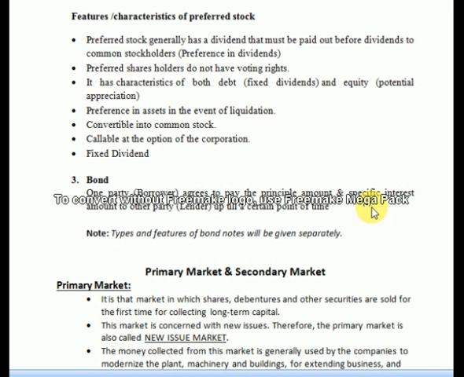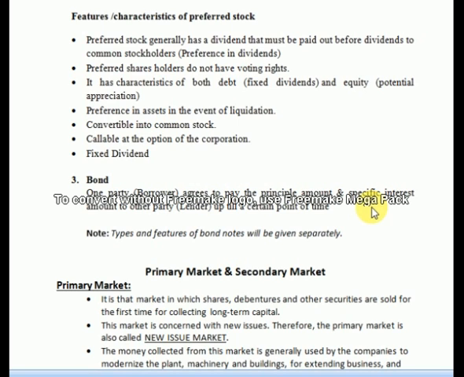It doesn't mean that in 1 year you will receive 5,000, in the next year 3,000, in the next year 8,000, and then 10,000, then 5,000. No, a fixed 5,000, neither increase, nor decrease. But the dividends in the case of common stock fluctuate. So these were the main features of the preferred stocks, and I hope you understand.